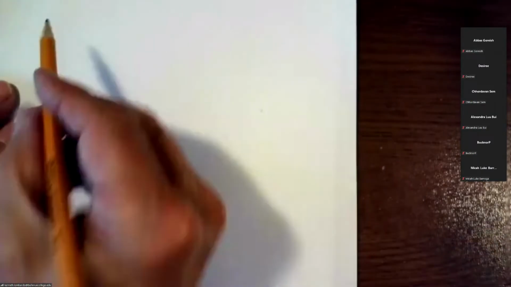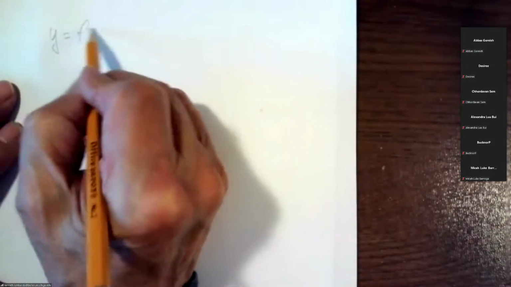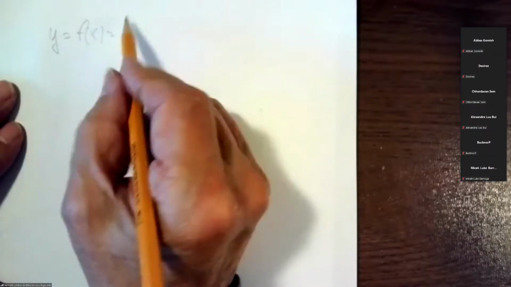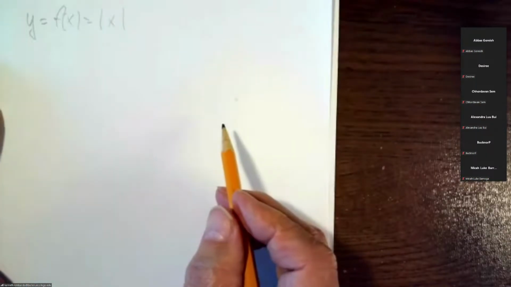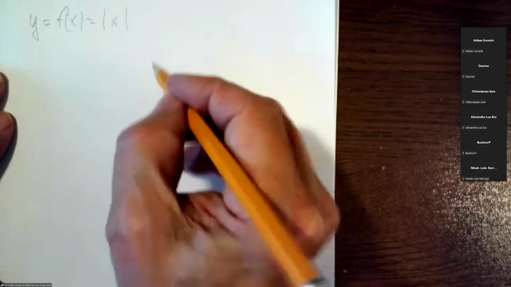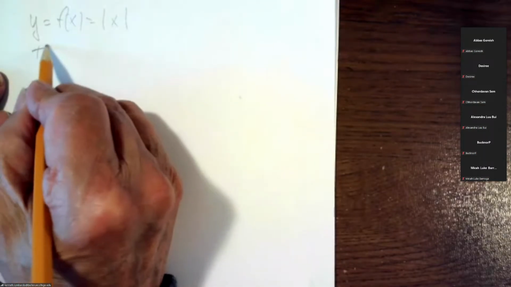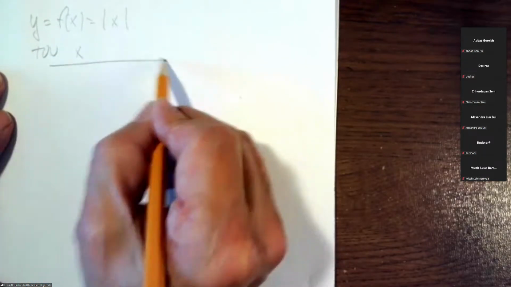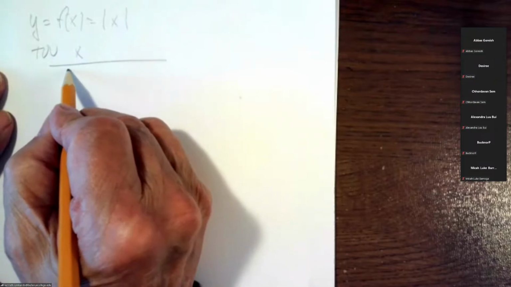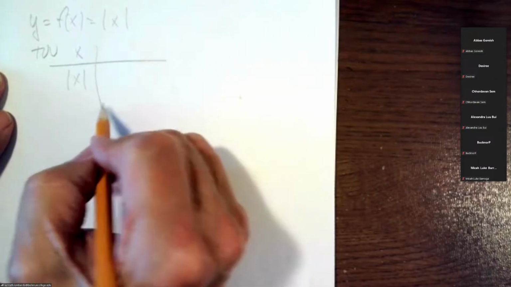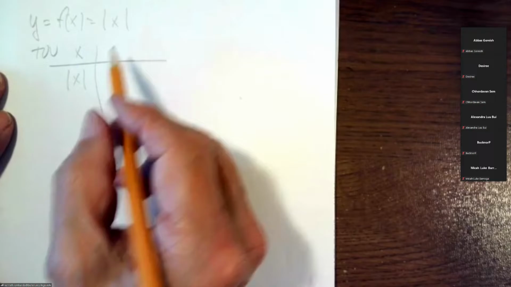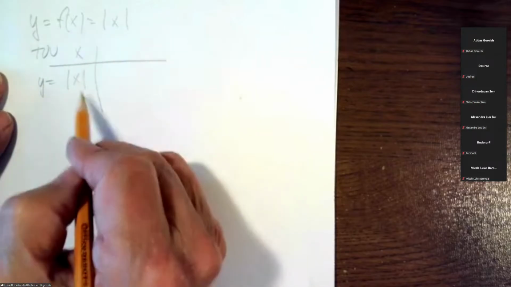If I have y equals a function of x, and it looks like absolute value of x, and I plot that, and I say table of values, x and absolute value of x. So y equals this absolute value.